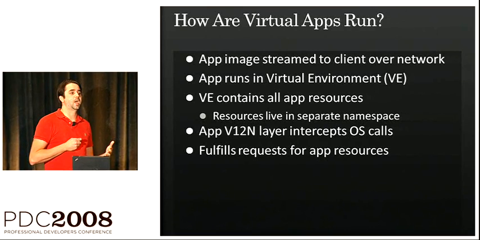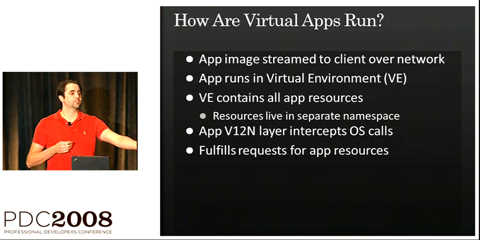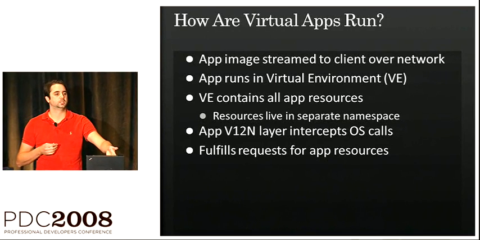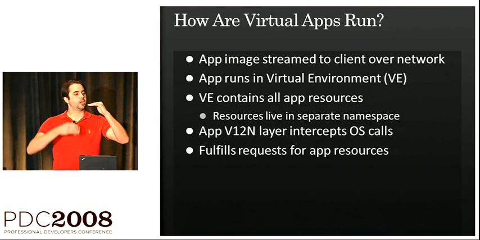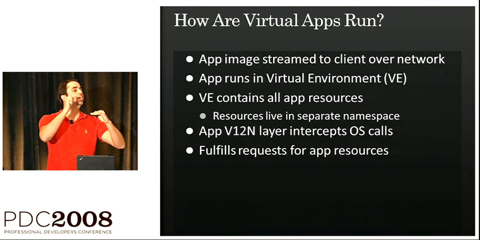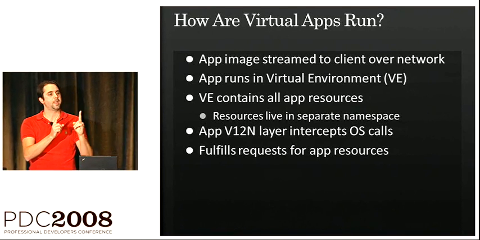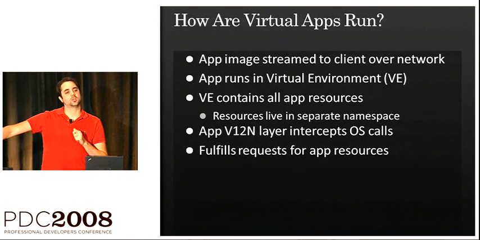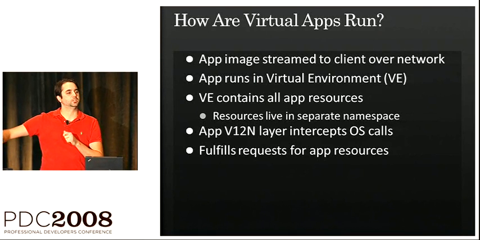With App-V, that doesn't happen. When the application is looking in System32 and says, hey, I want to get my mfc.dll, the App-V layer is sitting there, it catches the request, and it says, oh, they're looking for this particular name. But we know that the application installed that resource, and it's off in a different location.